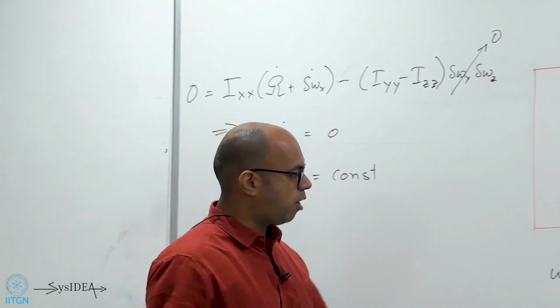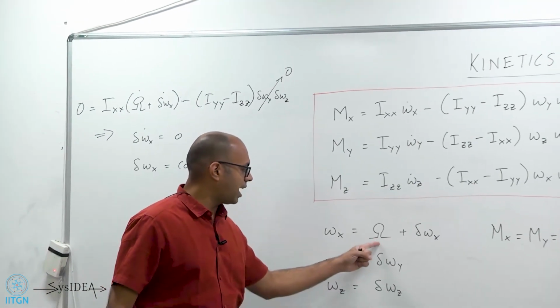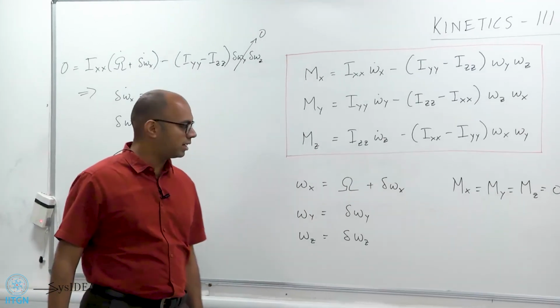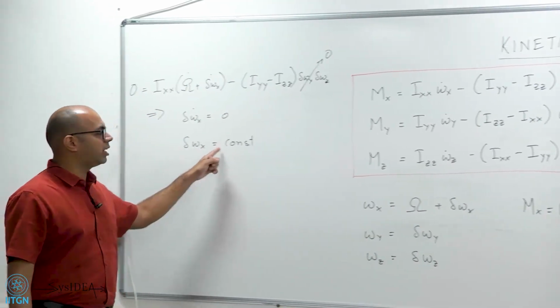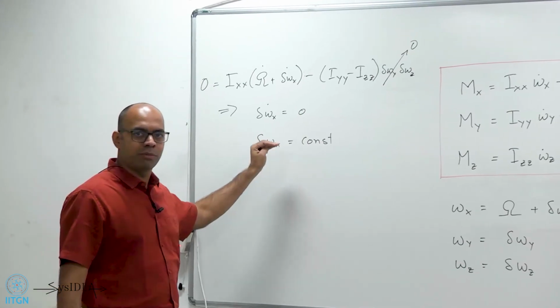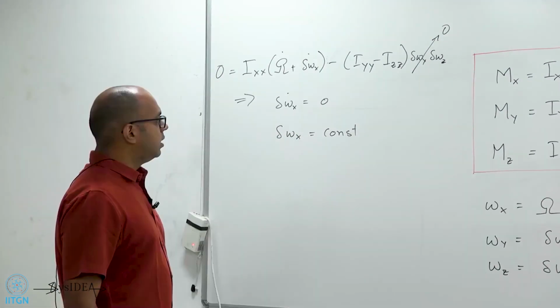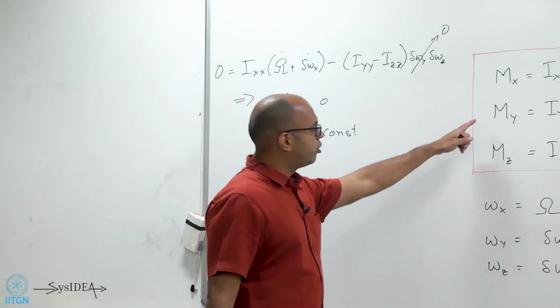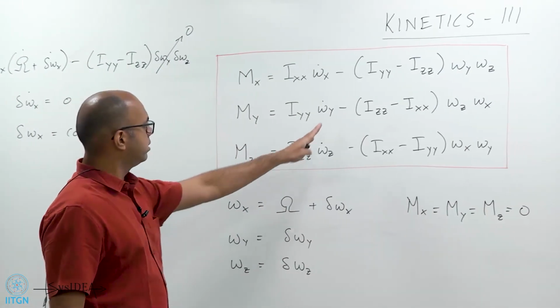So if there is a small perturbation in the same axis about which it is currently rotating, then it doesn't grow, but it remains bounded. It doesn't go to 0, but it remains bounded. The other 2 axes are a little bit more interesting. Again, these are 0, these are negative.